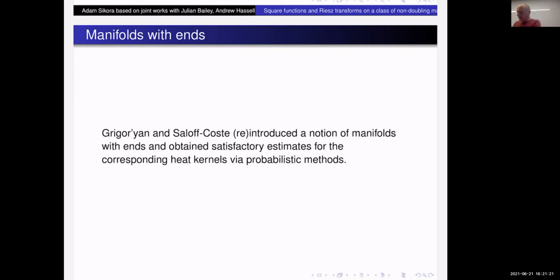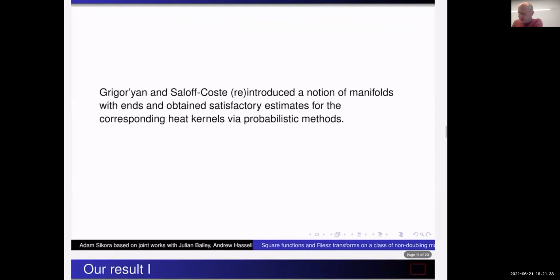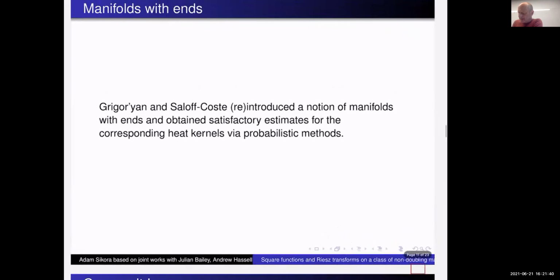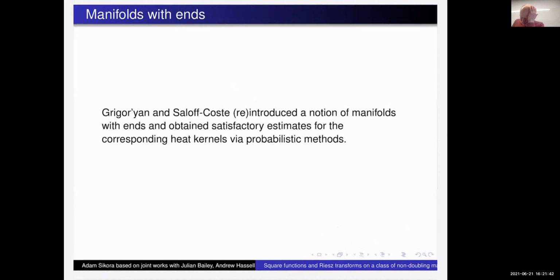But Grigoryan and Saloff-Coste, somewhere around 15-20 years ago, started to study manifolds with ends, especially heat kernels on manifolds with ends, in quite a systematic way. And interestingly enough, they have really beautiful and powerful heat kernel estimates.